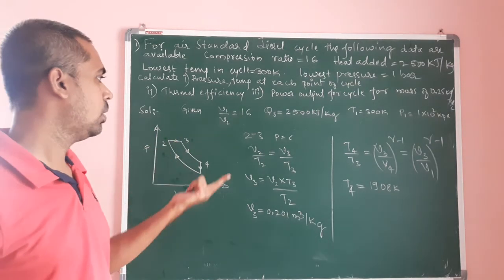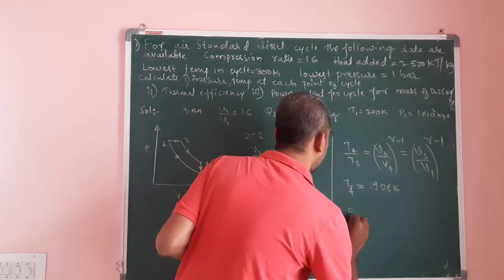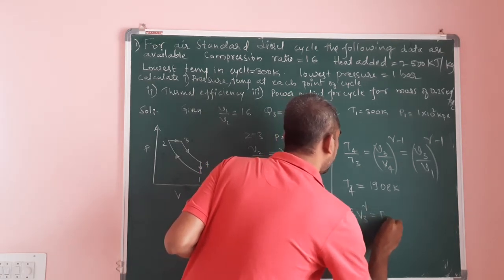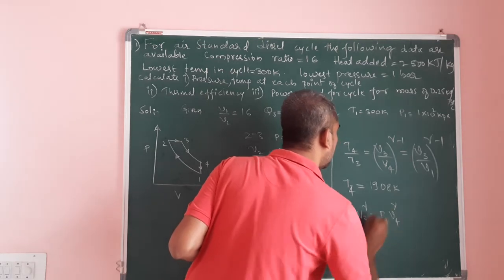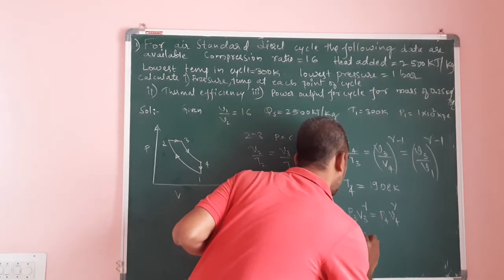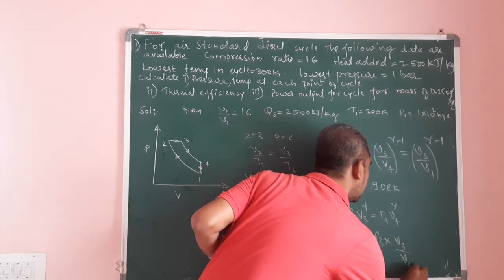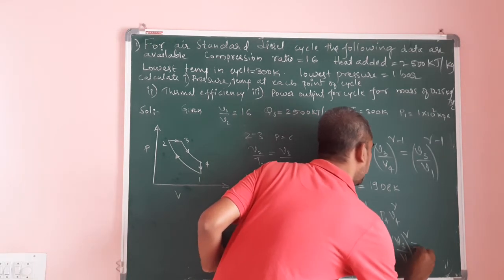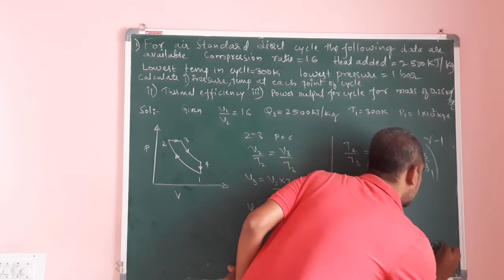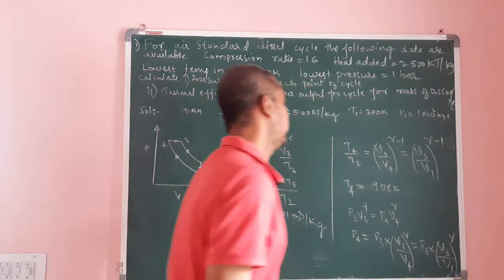How to calculate P4? Using this formula, P3 raised to gamma is equal to P4 raised to gamma. Therefore, P4 is equal to P3 into P3 by P4 raised to gamma, which is P3 into P3 by P1 raised to gamma, because P4 equal to P1.